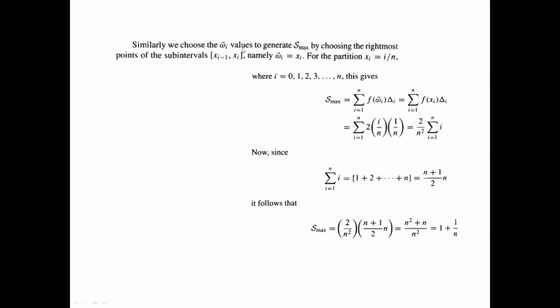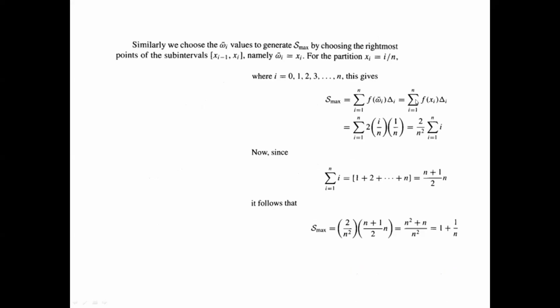Now, if we choose the omega h, so we are maximizing S max. We are maximizing the Riemann sum. So that means we have to choose omega equal to xi, the right hand side of each subinterval. So the S max formula is given over here.